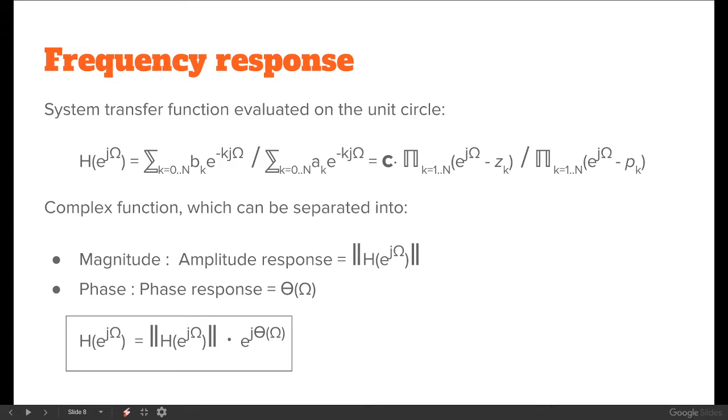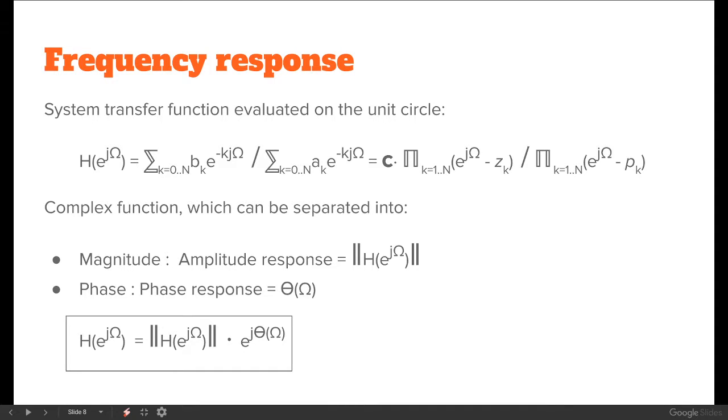If you have an analog system with the transfer function H of S, and then you have the complex S-plane, you have a couple of poles, and maybe some zeros located close to the real axis.